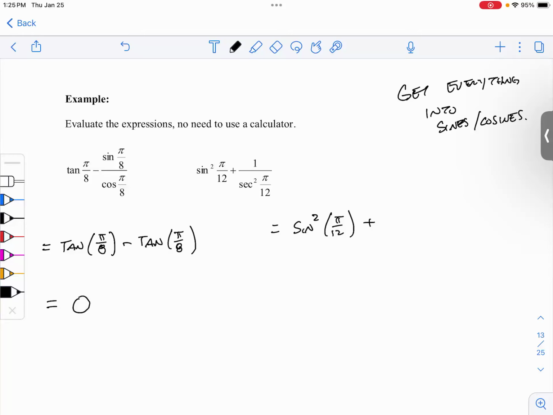Sines and cosines are the fundamental piece that everything is built upon. So always try and get it to that. Now this one, the first one, I actually turned sines and cosines into tangent because it was easy, but I also could have just turned tangent into sine and cosine. So I would have had sine over cosine minus sine over cosine, and it still would have ended up the same thing.